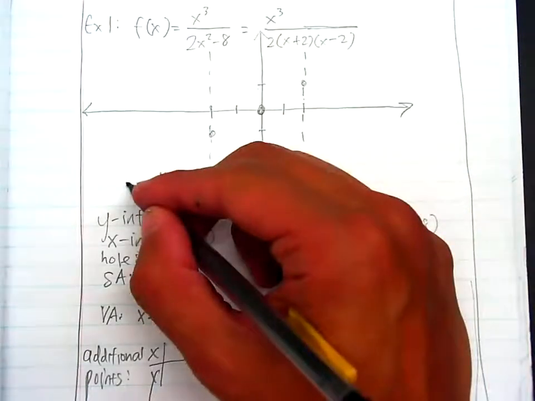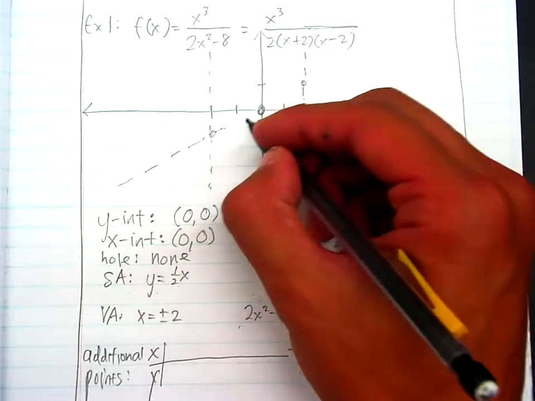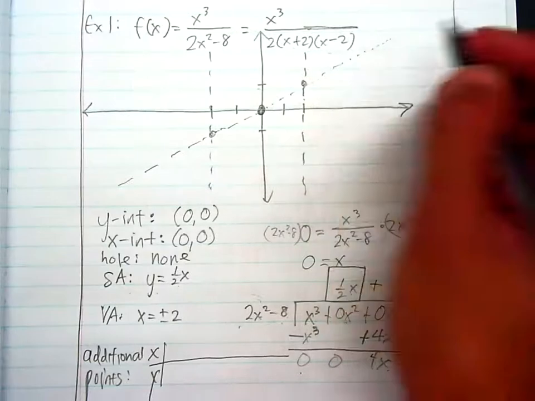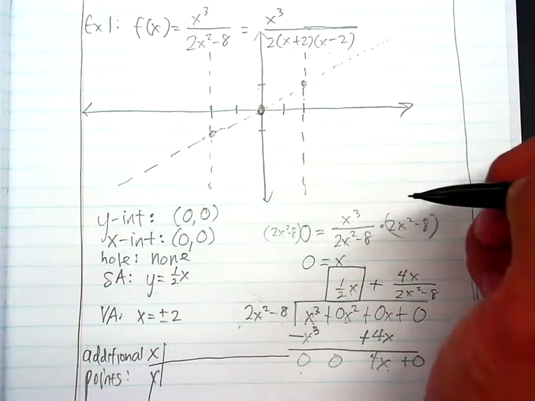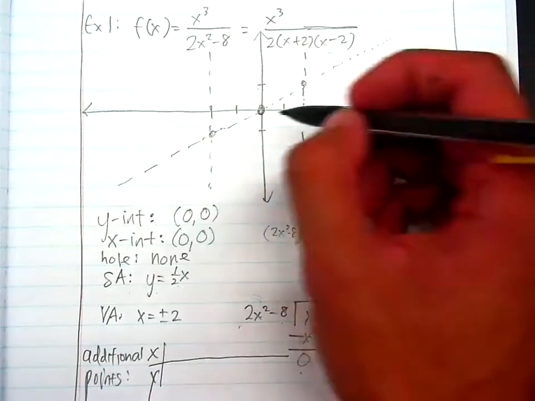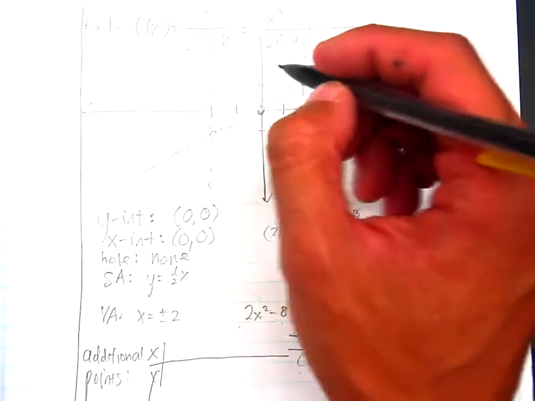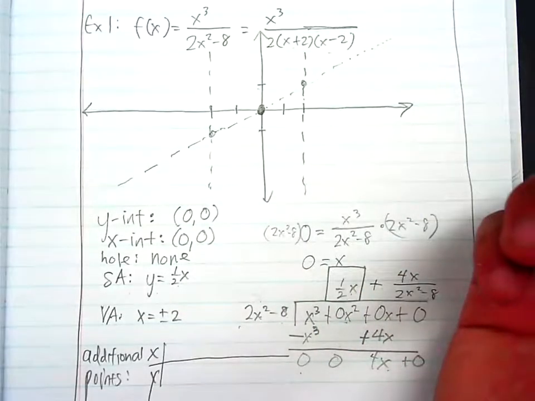So I have another slant asymptote that goes through there. Keep in mind, I don't want you to freak out that there's a 0, 0 on the slant asymptote. Just like horizontal asymptotes, my graph can go through a slant asymptote.